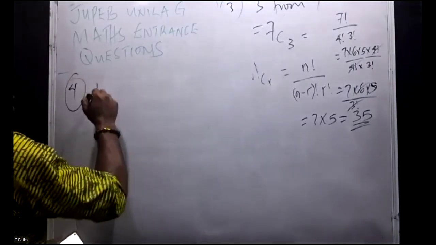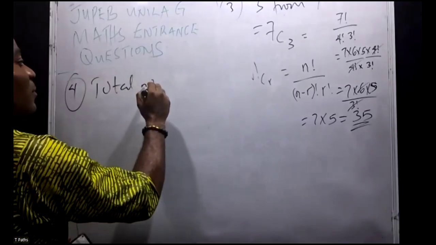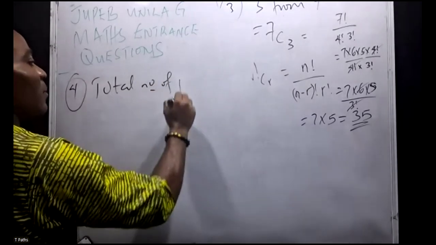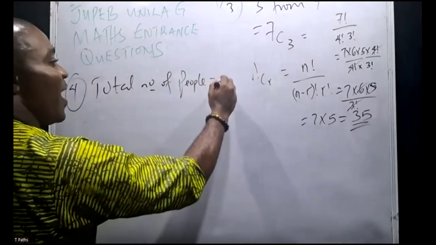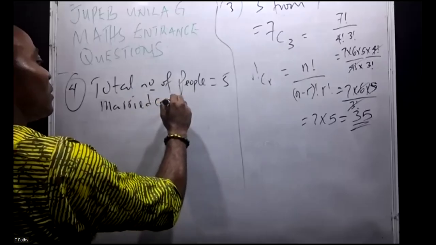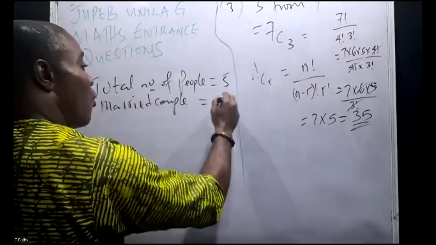Now we have 5 people in total. The married couple will be treated as what? 1.